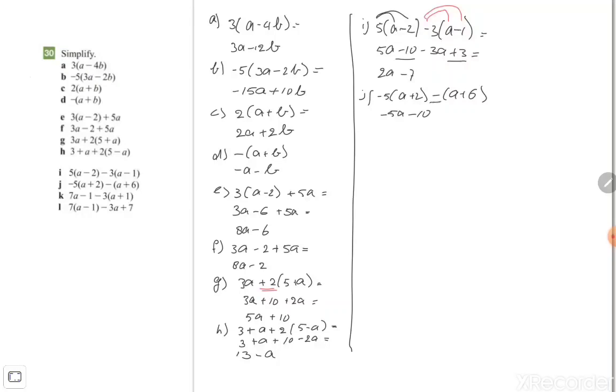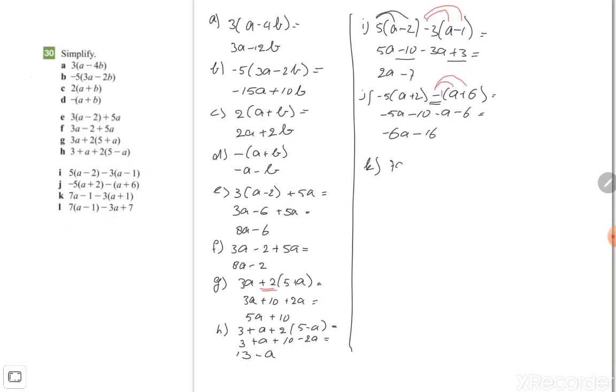There is a minus, but there's a 1 between the minus and the brackets. So minus 1 times A and minus 1 times 6. So that's minus A, and minus 1 times 6 is minus 6. Minus 5A minus A is minus 6A. And minus 10 minus 6 is minus 16.